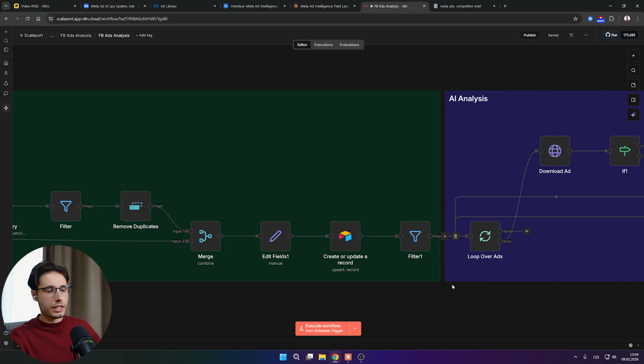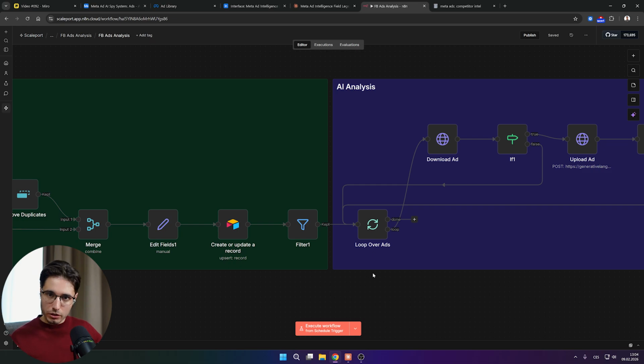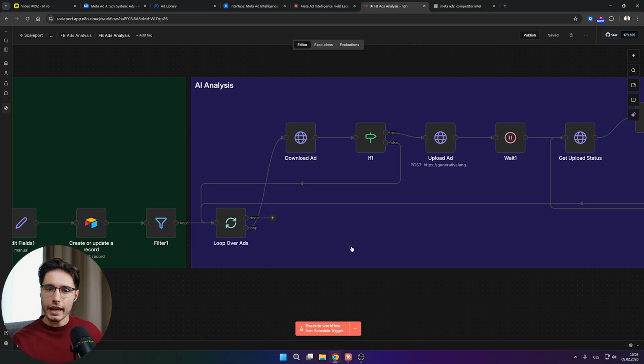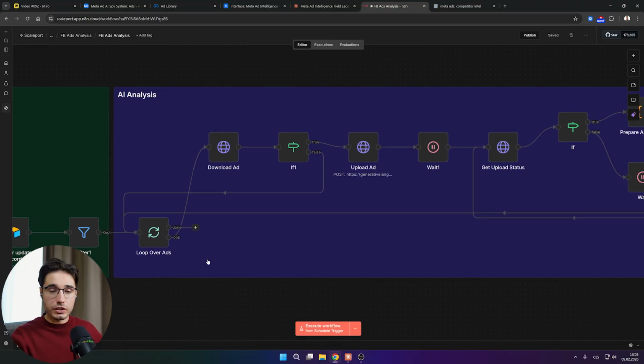And when it comes to the AI analysis, once our database is populated, we send it to AI for analysis, including the text of the ad and the actual visual asset, whether it's a video, image, or whatever. AI then analyzes one by one, and uses the tags and categories we talked about, right?